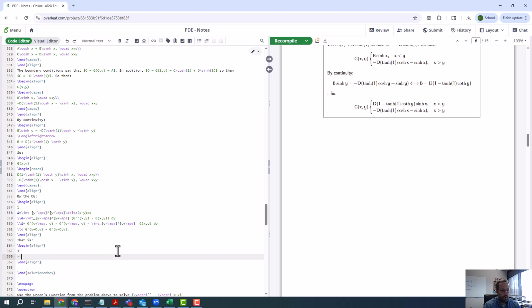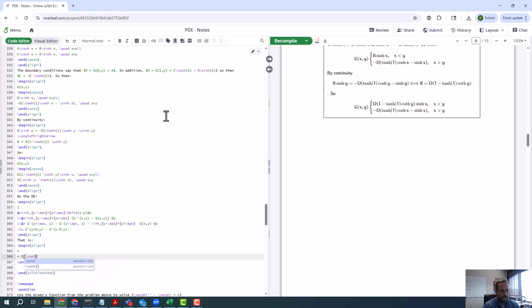So 1 is equal to, okay, this is the derivative, and you know what, I'm going to make this sinh x. I'm going to get confused, so I'm going to do this. Sinh x minus that, and then get rid of the d here. Okay, so if we take the derivative here, we're going to have d on the outside. The derivative of hyperbolic sine is hyperbolic cosine.